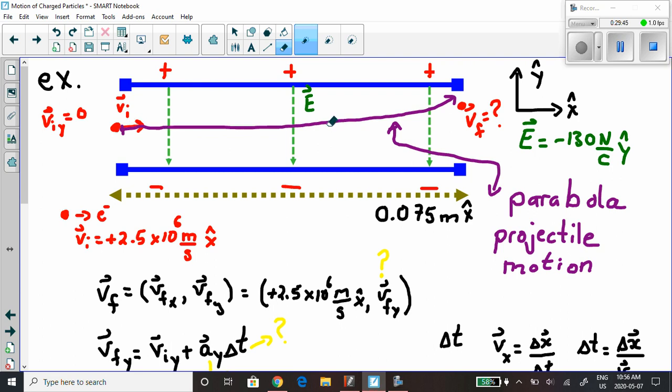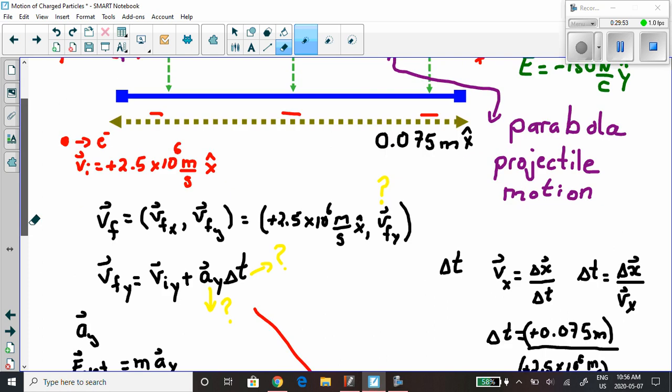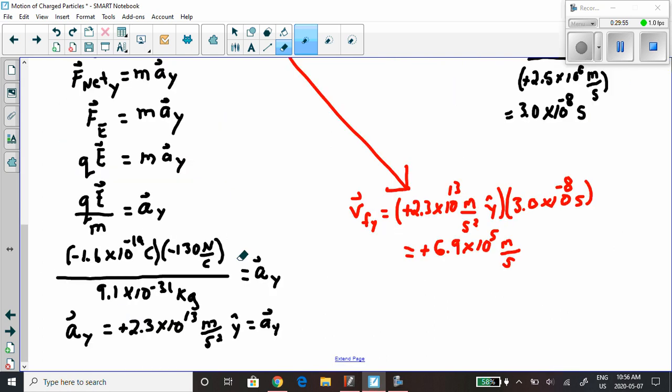Should have said that. Positive acceleration. So now we know both values. We plug it in and we find the final velocity y component. And we're done this example.